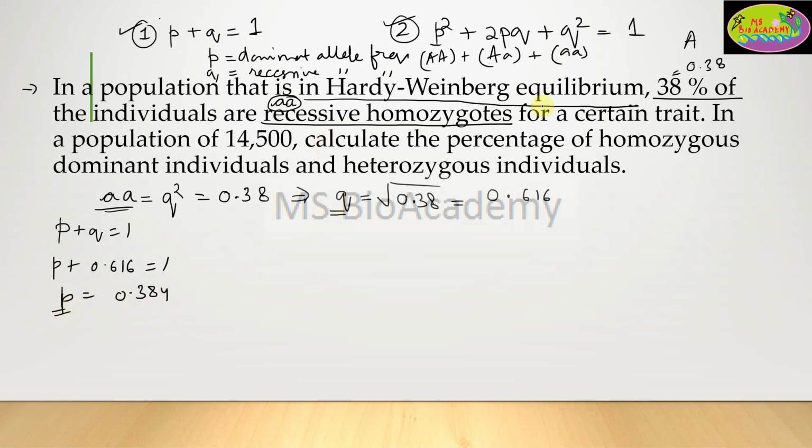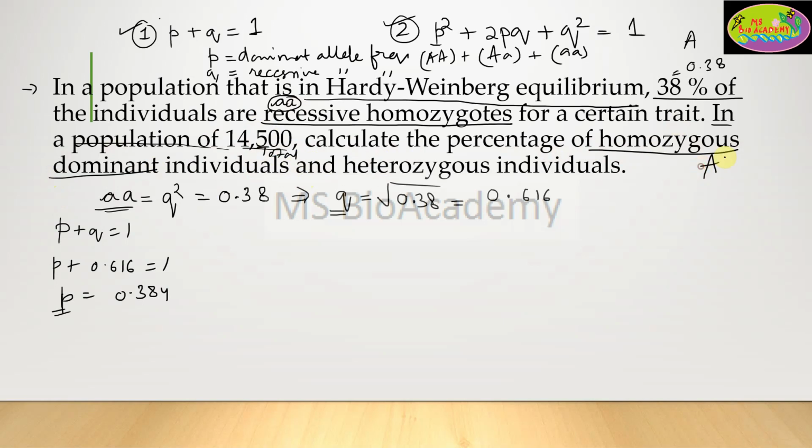Now what we have to calculate: they have mentioned a population of 14,500, that is the total population. Calculate the percentage of the homozygous dominant individuals. Now out of these 14,500, how many individuals are there with the homozygous dominant form?